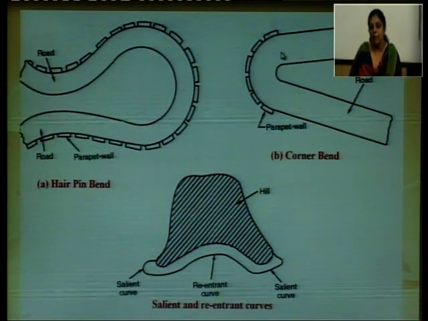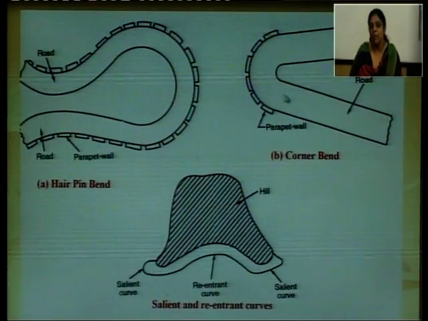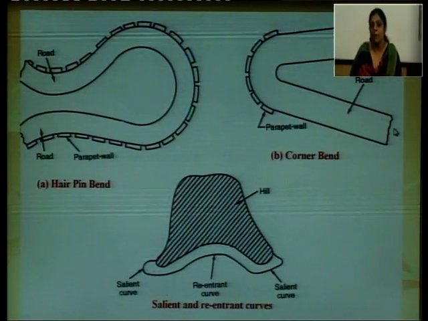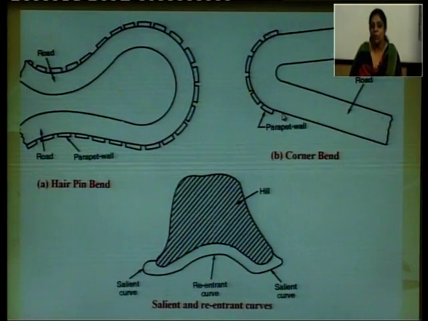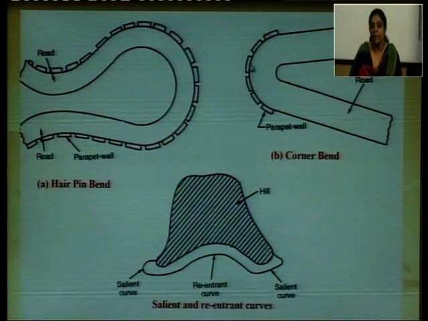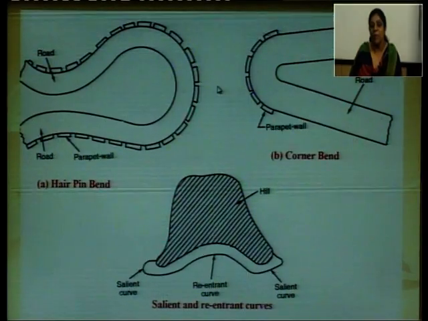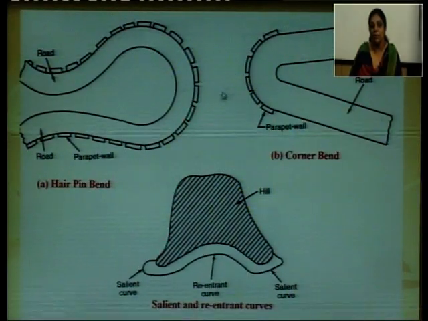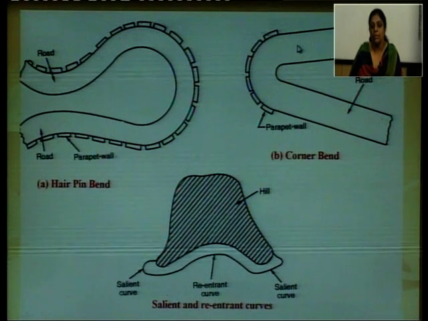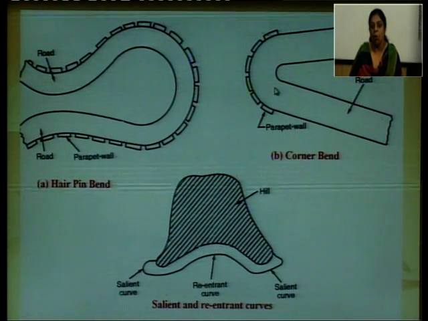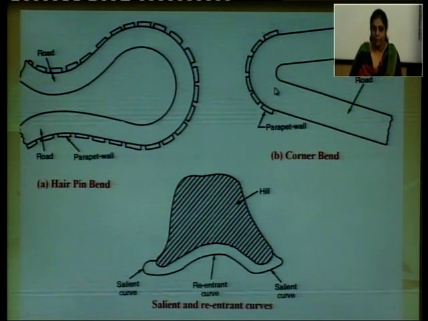It goes like this. So, this is a corner bend, and it has got convexity. This is a convex curve. This convexity is towards the valley side. So, this type of bend is called a corner bend.